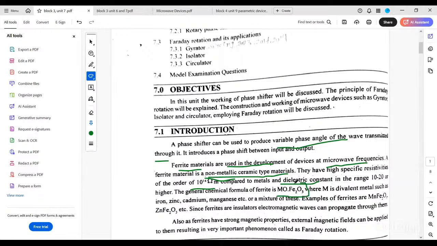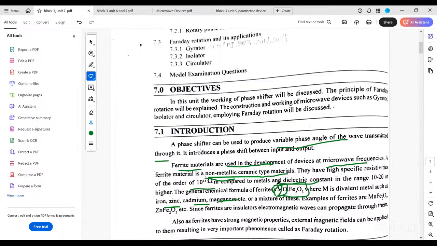MO Fe2O3. Here M is any one of the divalent metals, such as iron, zinc, cadmium, or manganese, which we can use in place of M. The examples are metal oxides.